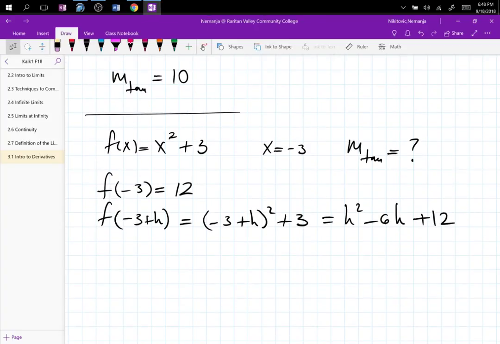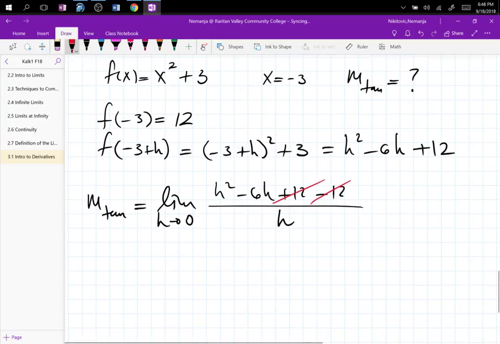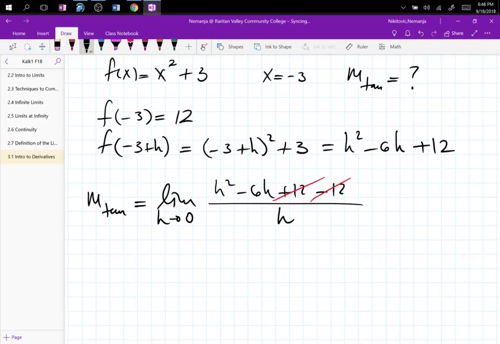Now we plug everything into the limit, so m tangent is the limit as h goes to 0 of h squared minus 6h plus 12 minus 12 over h, and the same witchcraft we had before. Cancel the 12s, factor h, cancel h, and you can do this.